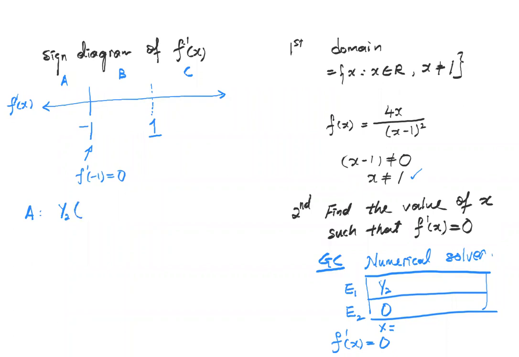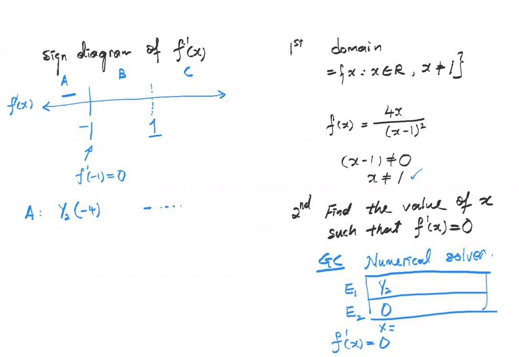So what is the suitable number that you're supposed to put in? Region A, -3. Because I want any value that is less than -1. So you put enter. So the result come out is positive or negative? The result come out is negative something, correct? So you put a negative sign here.